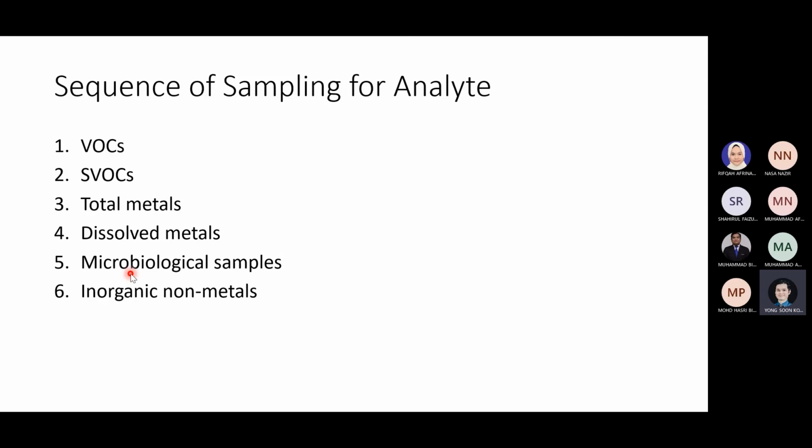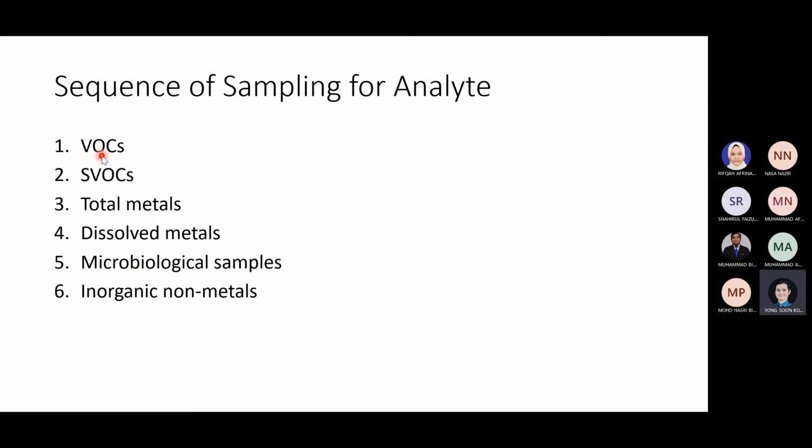And then there's another one. If you want to look at more than one analyte or more than one pollutant, you might want to start off with the one that is the most mobile, I would say, or the least controllable analyte. So in this case, gas, usually they are considered very, very mobile.